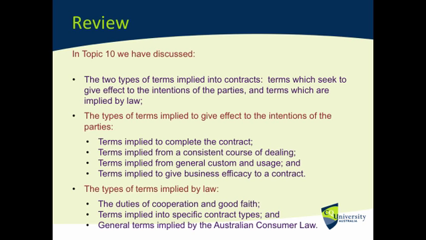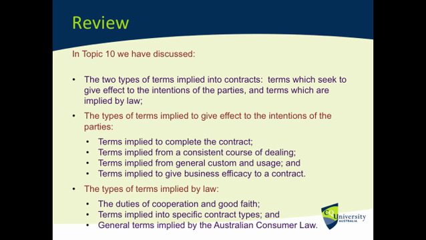The ones that are implied in order to make the contract make sense, we call terms implied to give effect to the intentions of the parties. And there are 4 types. Terms implied to complete the contract. You won't see too many of them. Terms implied from a consistent course of dealing.